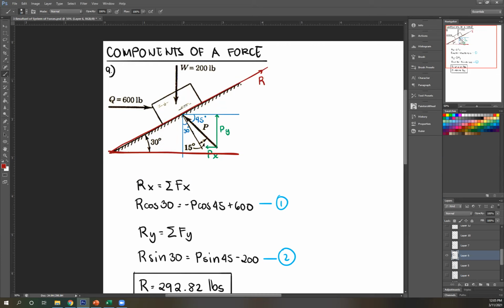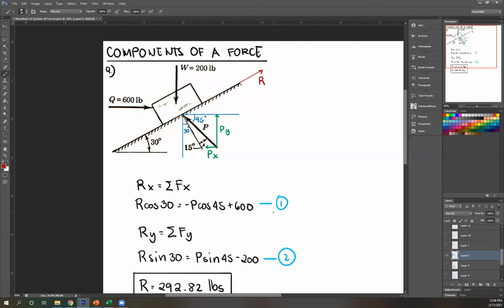Therefore, the x component of R is just R cosine 30, to the right, therefore positive. Then it equals P, which is to the left, therefore negative, and the x component of P is P cosine 45. Next, we have this to the right, therefore positive 600. I can't do anything with this anymore, so just label that as equation 1.